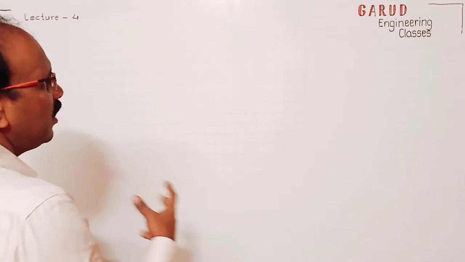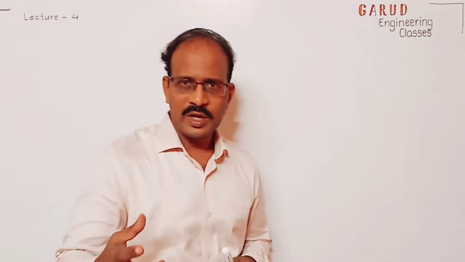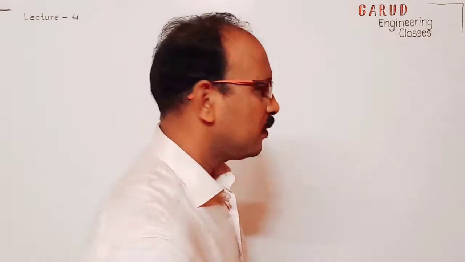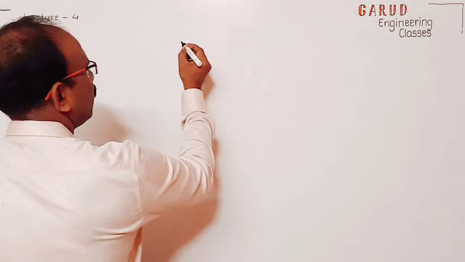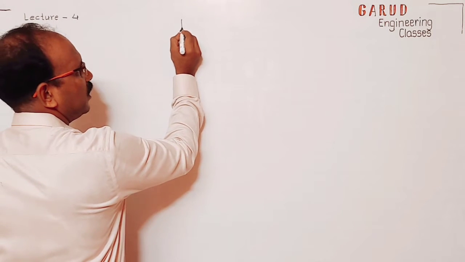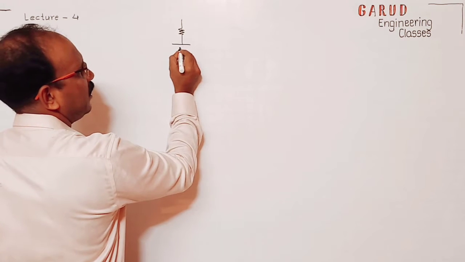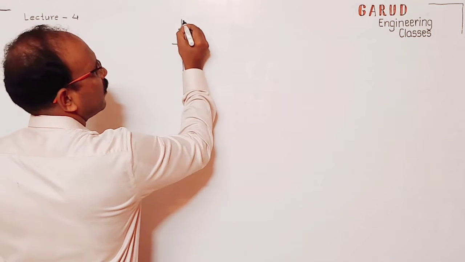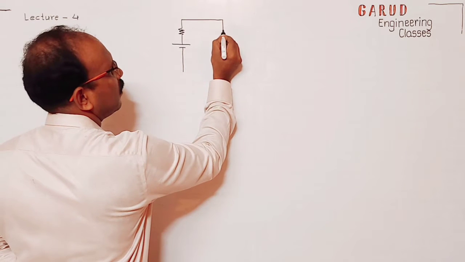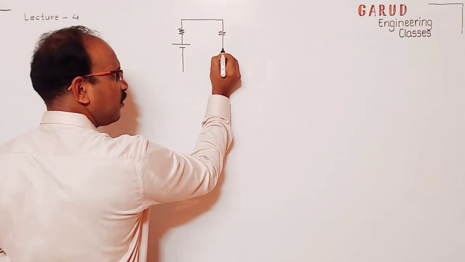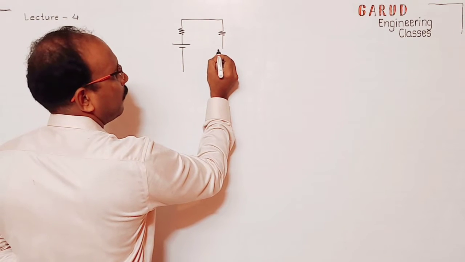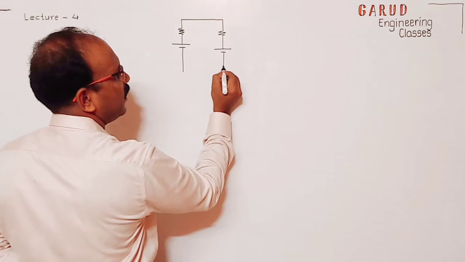So I consider one basic network which has a voltage source as well as a current source. Here I consider a battery, then somewhere here a current source, and one more battery.